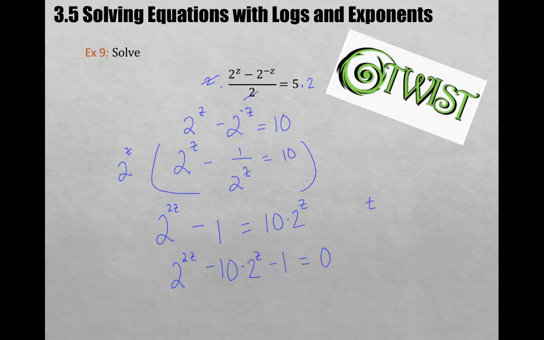Let's do the same thing. So I'm going to say t is 2 to the power of z. Right, so t squared minus 10t minus 1.